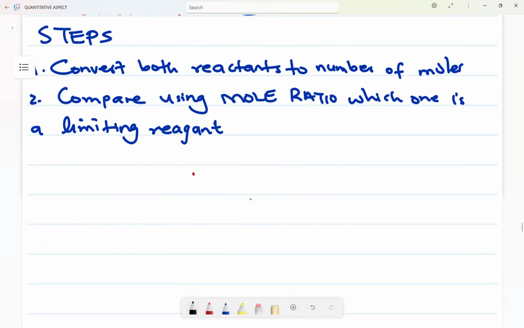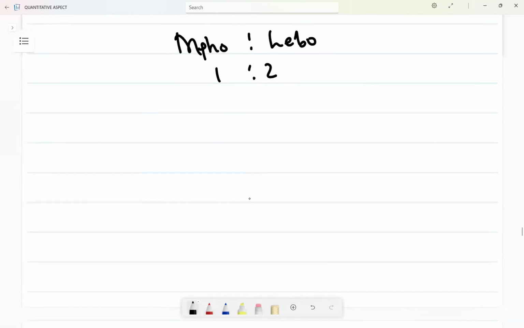Let me make an example so that this becomes easier for us to digest. If I have the ratio between Mpo and Lebu, and the ratio between the two is 1:2, I know that if Mpo has 2 rand, Lebu should have 4 rand, according to the ratio.